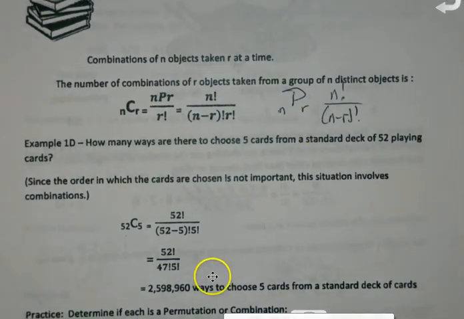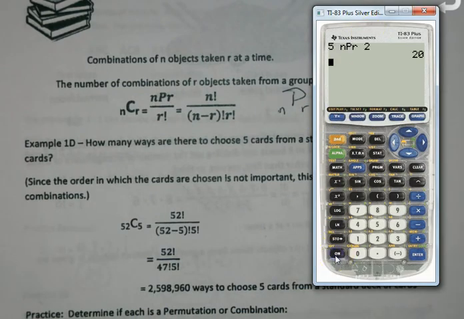Some of you may say, well, wait a minute, if I'm just choosing 5 cards, as I pick each one out, doesn't that basically just mean first card I have 52 options, then the next one I have 51, the next one I have 50, then 49, and then 48? Ooh, that number's not the same. Right, because the whole idea that the order doesn't matter is going to change things up some.